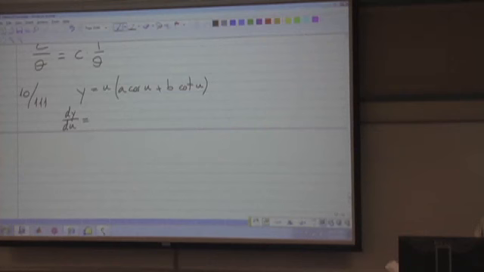That it's a product of two functions. u is a function of u, and whatever is in the parenthesis is a function of u. So we need to apply the product rule. It'll be A cosine of u plus B cotangent of u, plus u times the derivative of the parenthesis: negative A sine of u minus negative B cosecant squared of u. Right?